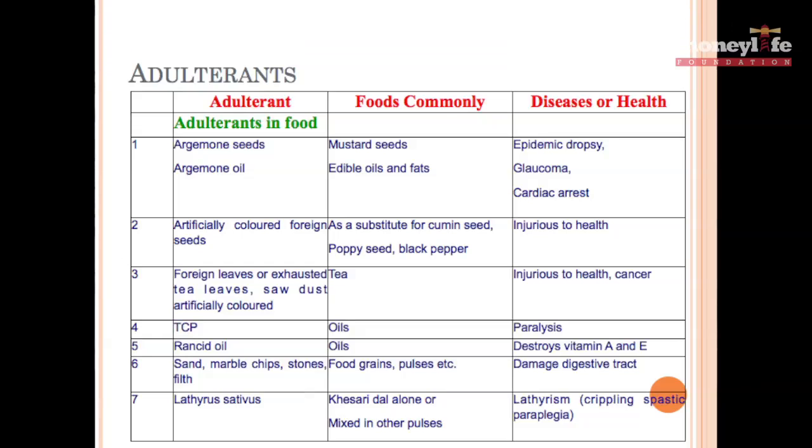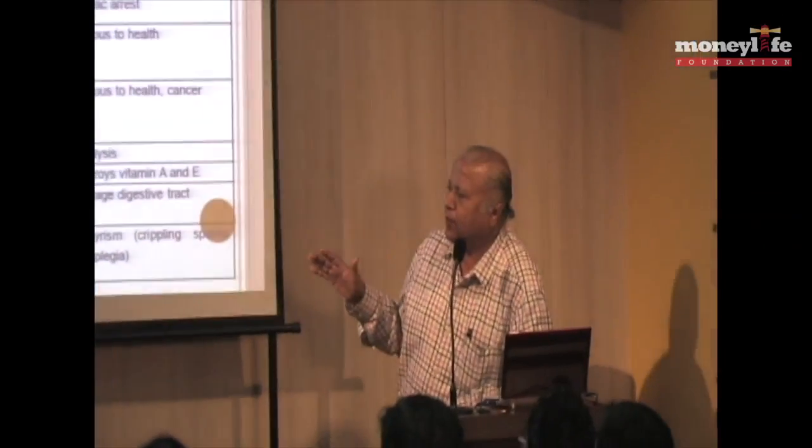The Lathyrus sativus is the kesari dal. Kesari dal is mainly grown in Madhya Pradesh. Now this is actually a very cheap dal which is used by locals there, and there is a technique to use this kesari dal.